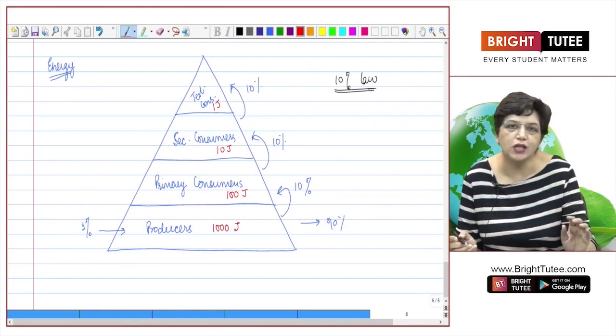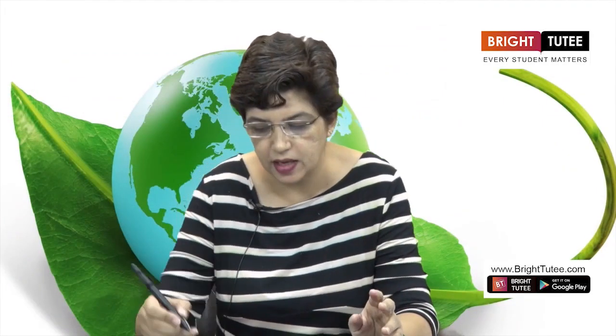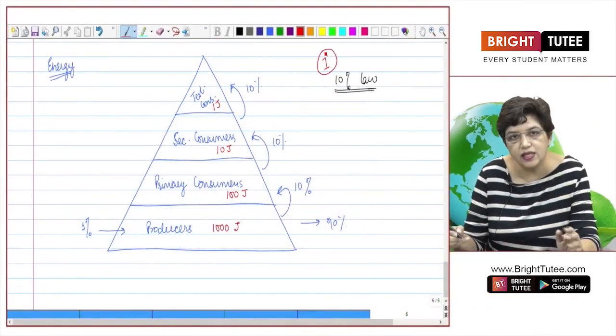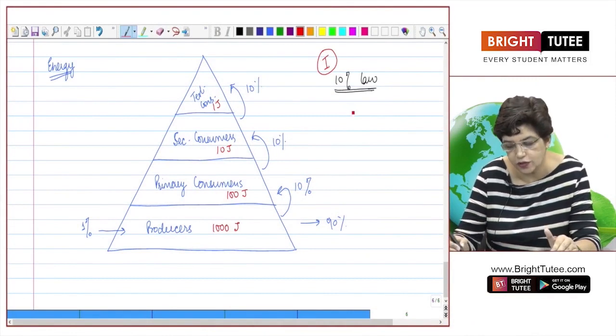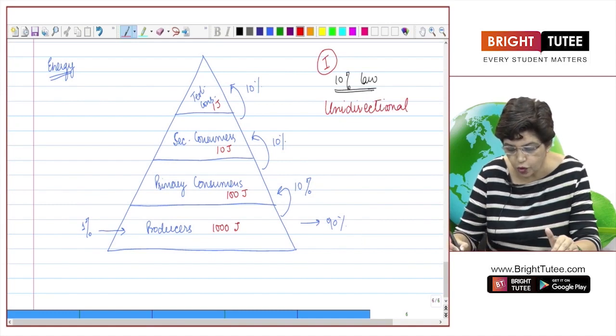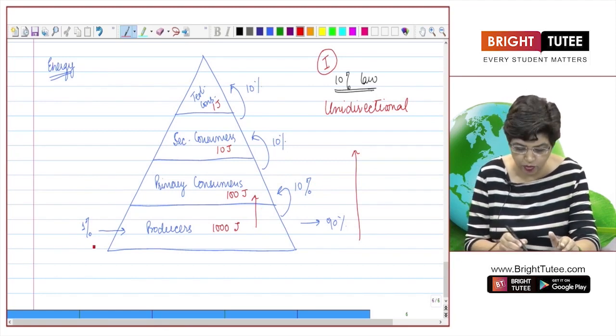In all food chains and food webs, there are two basic characteristics. First is the 10% law of energy, and this flow of energy is unidirectional. It moves in an upward manner from producers to the primary consumers.